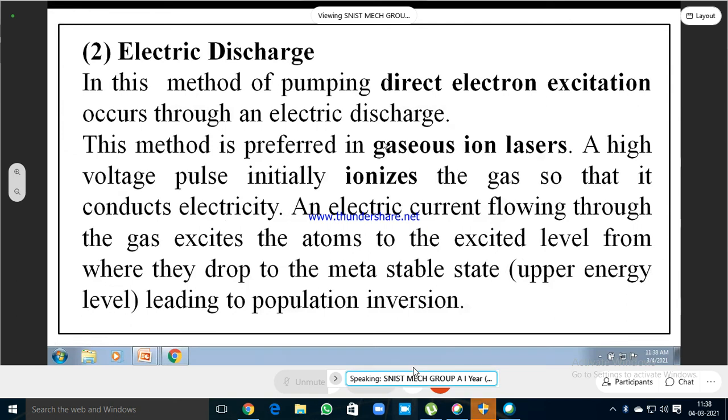Just write down this slide, and while writing, if you have any doubts, you can discuss with me, guys. Electrical discharge: most of the time, electrical discharge will be used for gas lasers only. Discharge method.